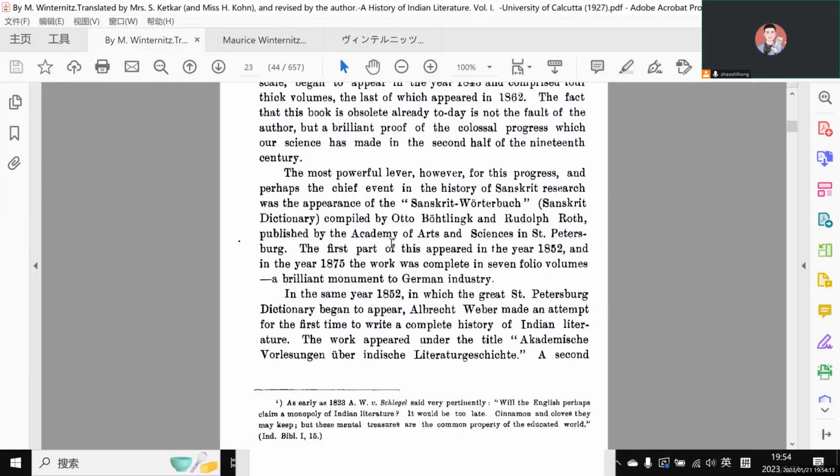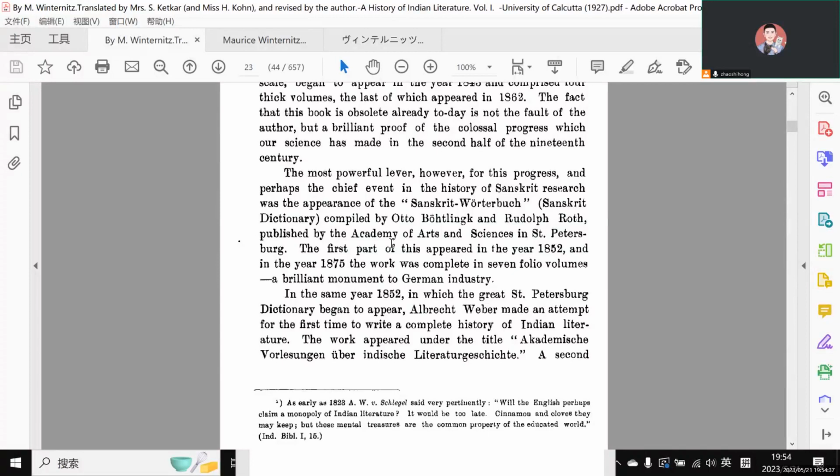This Sanskrit-German dictionary is basically what we always refer to and most frequently use as the original reference for students. Although for many of you who cannot read German, Monier-Williams' Sanskrit-English dictionary is the first choice. But I have to say, that dictionary has many mistakes.